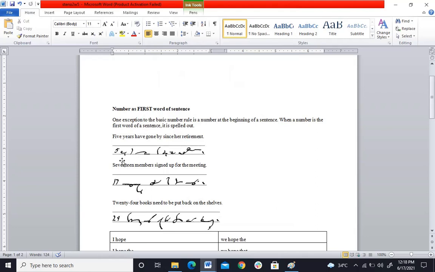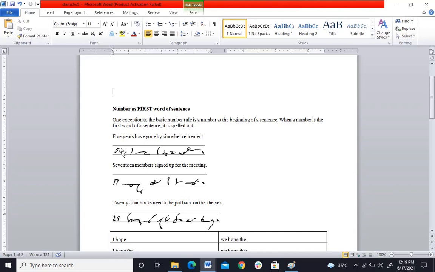When it's at the first part of our sentence, the 5, when you transcribe, let me make it clear. We are talking about when you transcribe a number you've written in shorthand into longhand. For example, our shorthand: 5 years have gone by since her retirement. In the shorthand, you'll see that a number was used there, the number 5.